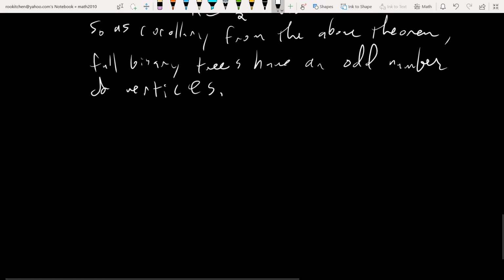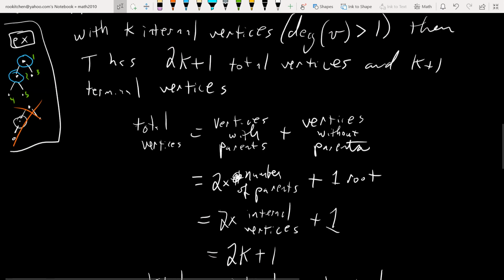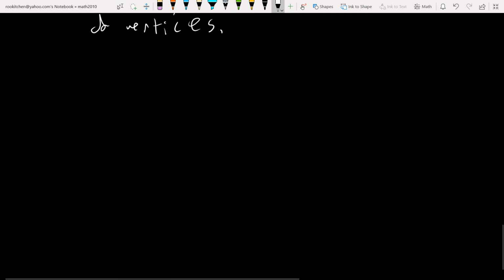Let's see what section I'm on. The second theorem, this is the last theorem in this section, I think.